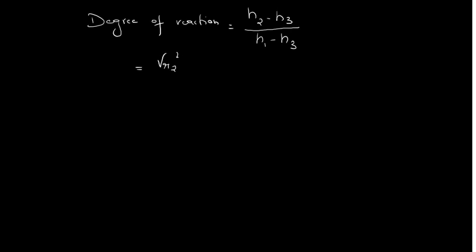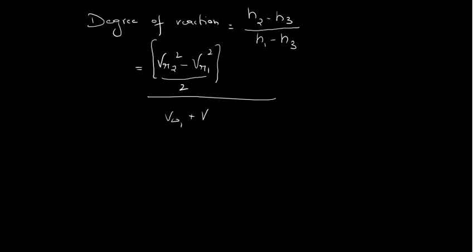(Vr2 square minus Vr1 square) divided by 2, whole divided by, what is H1 minus H3? (Vw1 plus Vw2) multiplied by U.